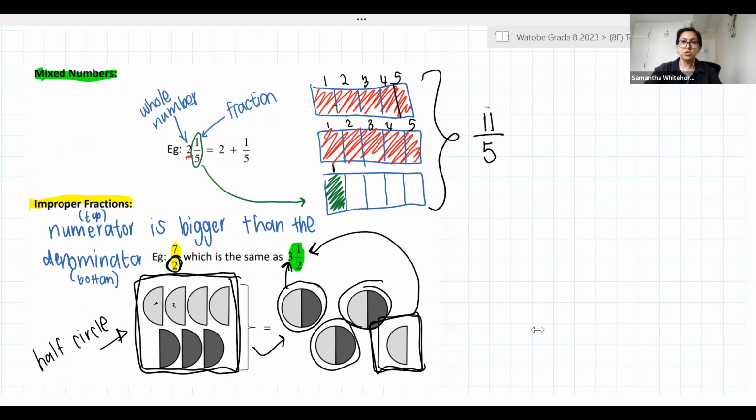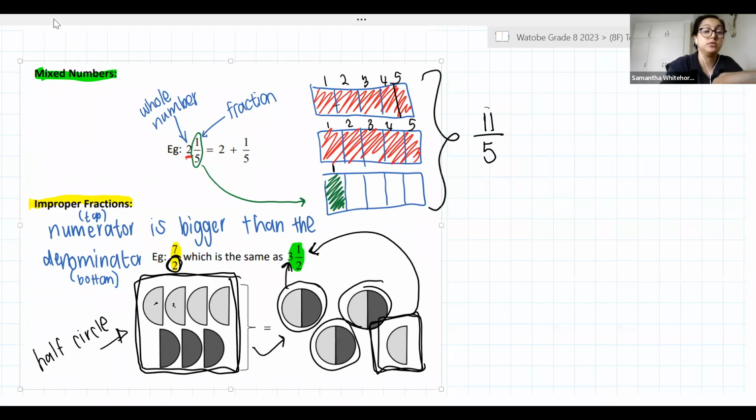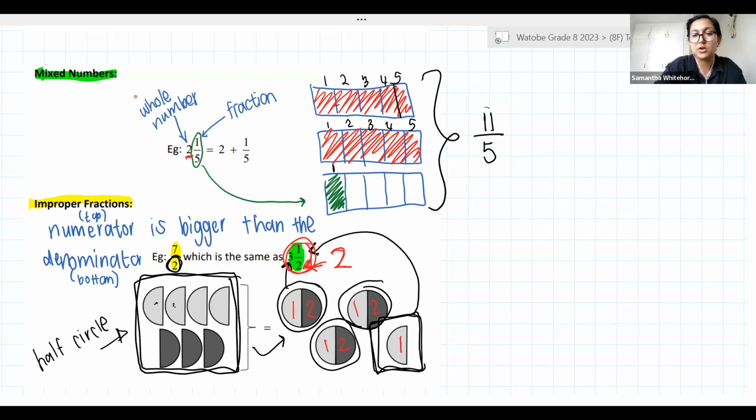Sekofatso, where did the 2 come from on the improper fraction? So if we go backwards almost, if we look at this mixed number, the denominator that we're working with is 2. So the picture that we're working with is split into 2 parts. There's 1, 2, 1, 2, 1, 2, and then I've only got 1. Because I'm breaking up my whole into 2 parts, that's where my denominator is coming from.